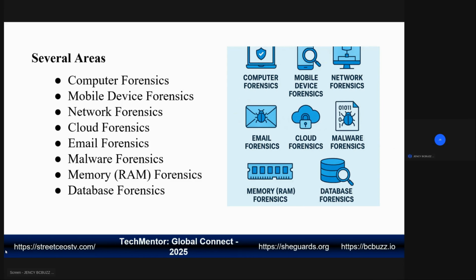This involves investigating desktops, laptops, and hard drives. Think of it as digging through the digital footprint left behind on the computer. It helps us recover deleted files, check user activity, and analyze operating system logs to find out what was done and when.